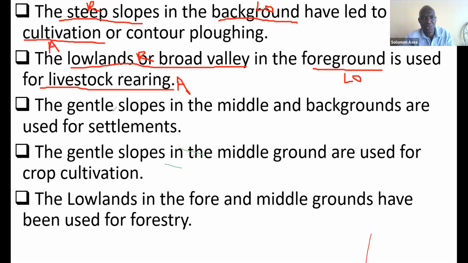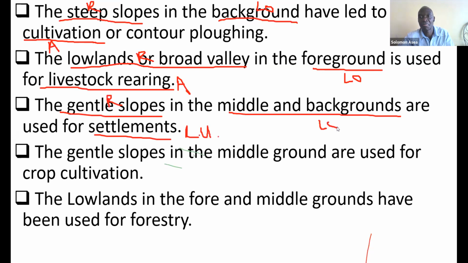Gentle slopes are a physical factor used for land use, and the land use is settlement, located in the middle ground and the backgrounds.